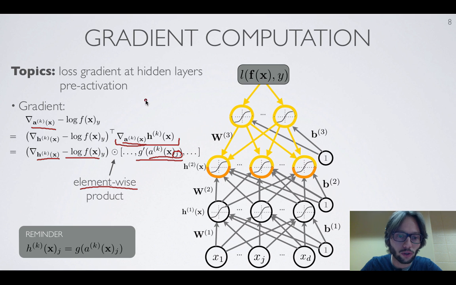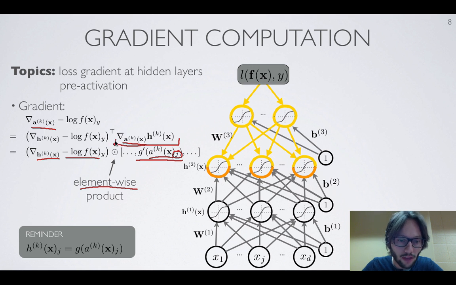And it turns out in this case that this Jacobian is actually a diagonal matrix. All off-diagonal elements are 0, and that's because the activation for a neuron only depends on its pre-activation. It doesn't depend on the pre-activations of the other neurons, so the partial derivatives would be 0.